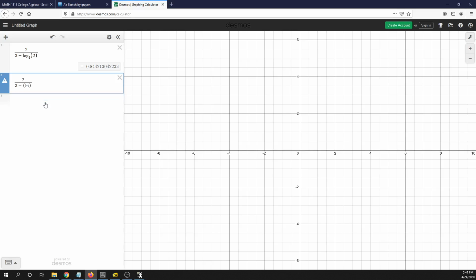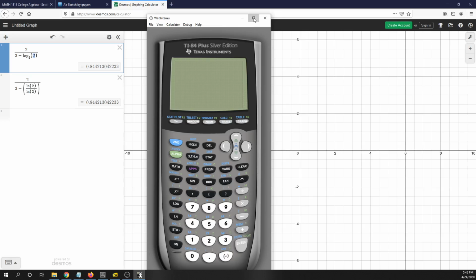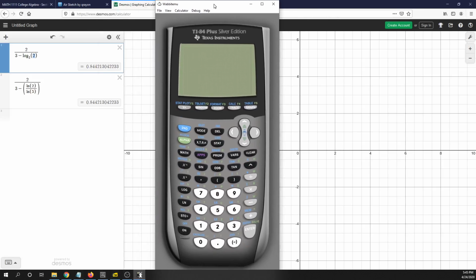And so that would be ln of 2 divided by ln of 3. You would have to replace log base 3 of 2 with the natural log of the argument of the log up here divided by the natural log of the base, like that. And again, I can pull that up on the calculator and just show you how that's done.